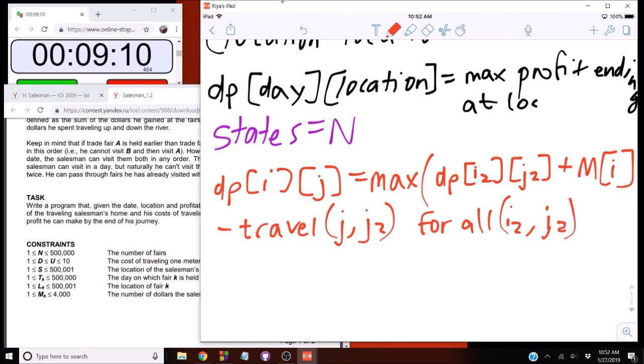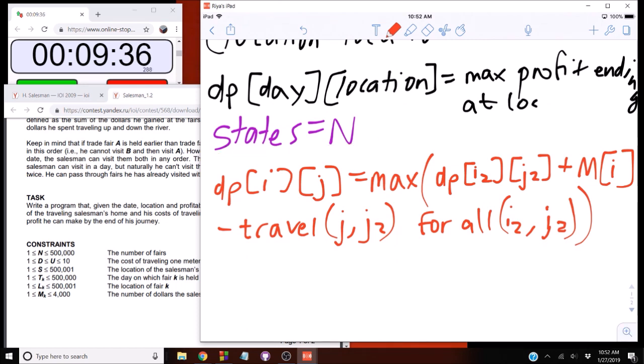And again, i2, j2 will be a max of n pairs, or less than n pairs, because not all the days have all the locations. Like the total number of locations times days is n. Okay, this runtime is n squared because this max function takes n values here, and there's n states.